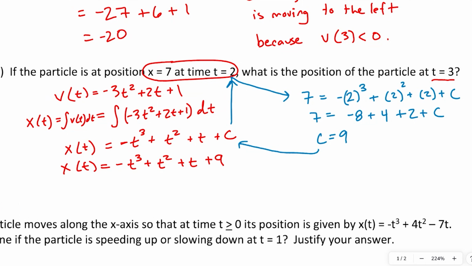So in this problem, we want to look at time equals 3. So you want x of 3, or the position at time equals 3. That'll equal negative 3 cubed plus 3 squared plus 3 plus 9.